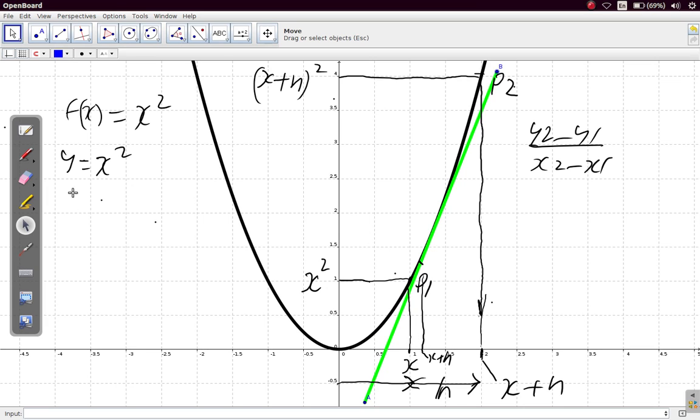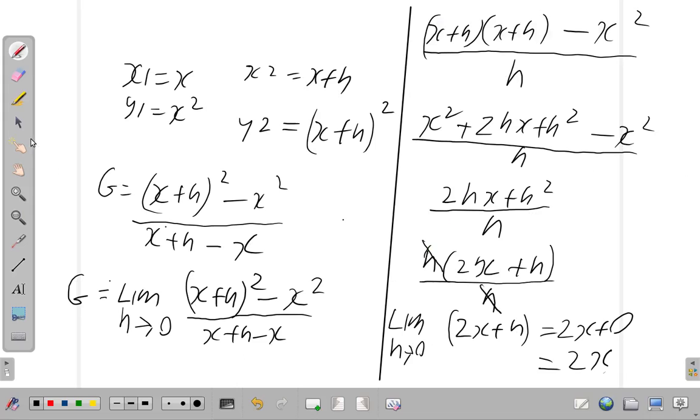And what that is saying is that the derivative of x squared is 2x. What we really did a while ago was differentiate x squared from first principles. So you can say that when you differentiate x squared, you write it as dy by dx equals 2x.